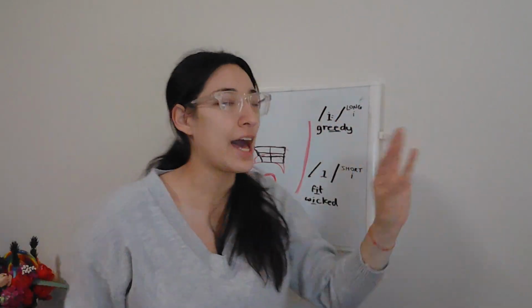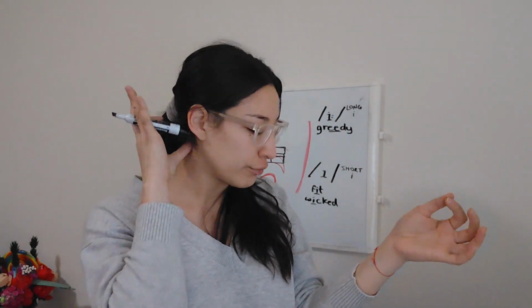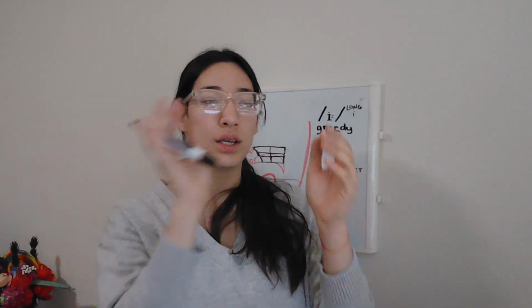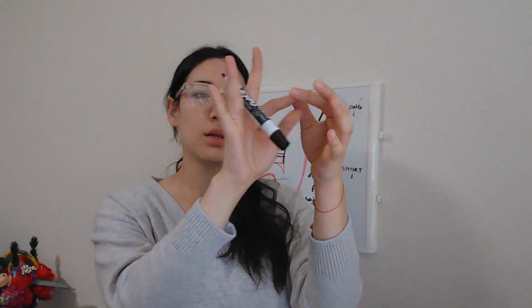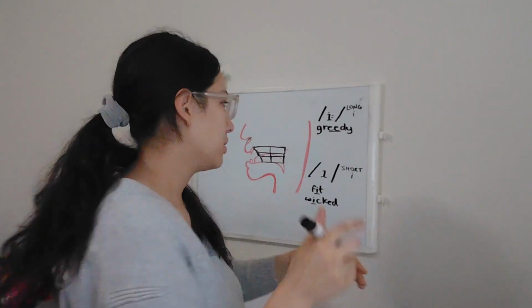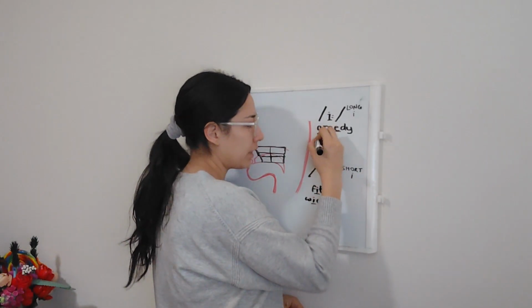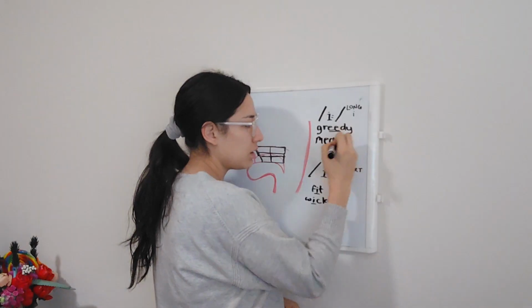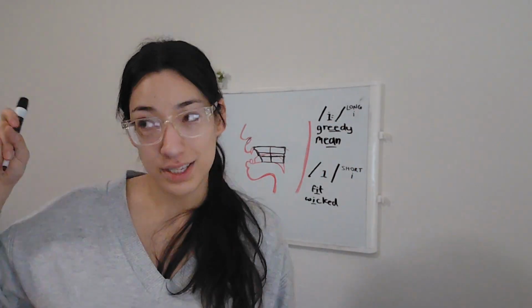It is a long I sound. Mean. You can hear it drag. Mean. Now, if we look at the comparison with the word wicked, wicked, wicked. The I sound is cut off, it's short. So mean does in fact go here with our long I sounds.